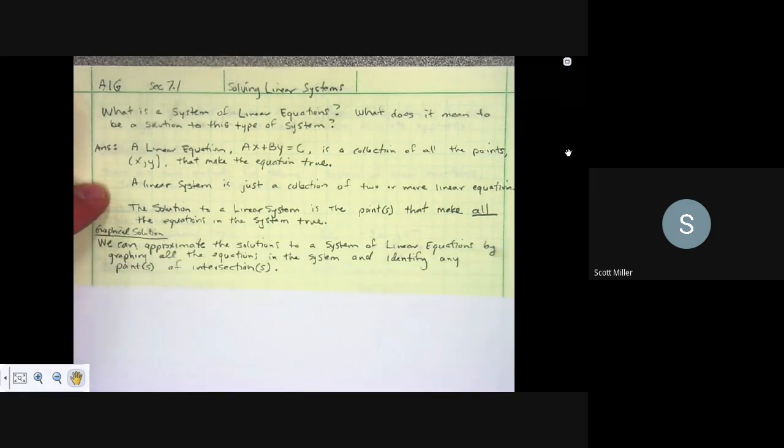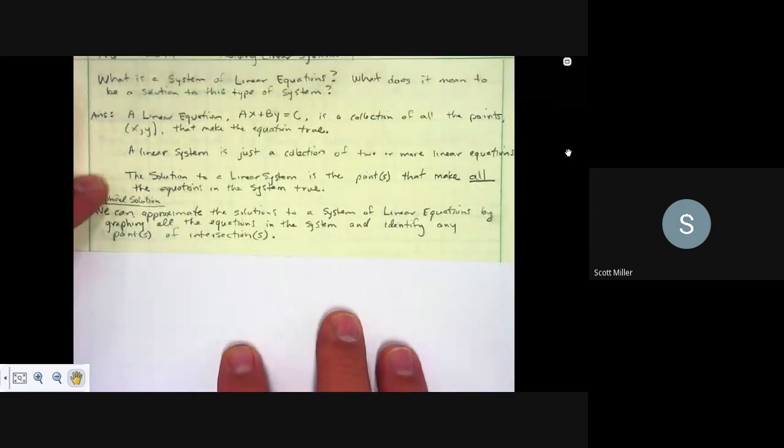We can approximate the solutions to a system of linear equations by graphing all the equations in the system and identifying any point or points of intersection. You can confirm it's a solution by substituting it into all the equations to make sure it's true for all equations. But what you're looking for is an approximation.